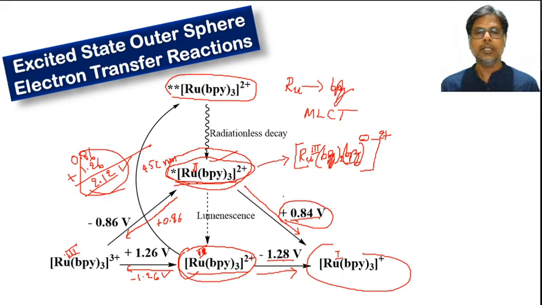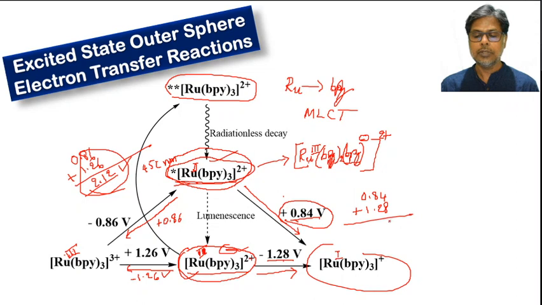So basically you can say that actually the excited state ruthenium complex is a much better oxidizing agent than the ground state complex. By how many volts? Again here 0.84 plus 1.28.